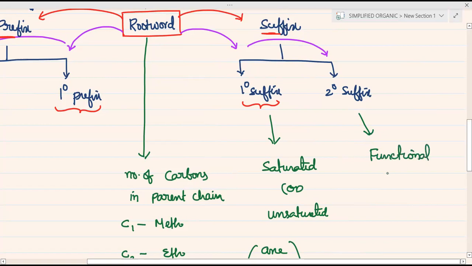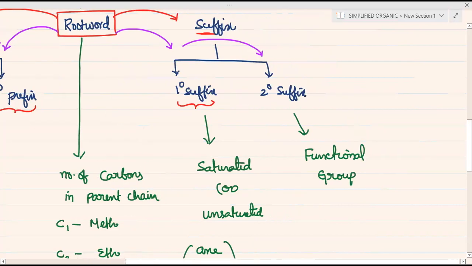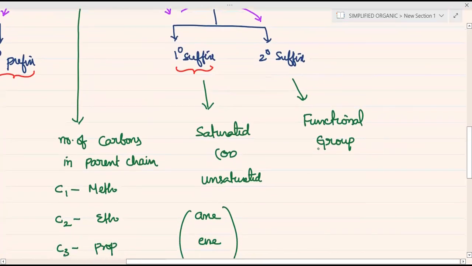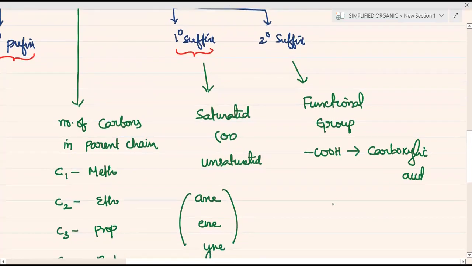For example, if it is COOH, it is called carboxylic acid, and the suffix will be oic acid. If it is carboxylic acid, it is called oic acid.